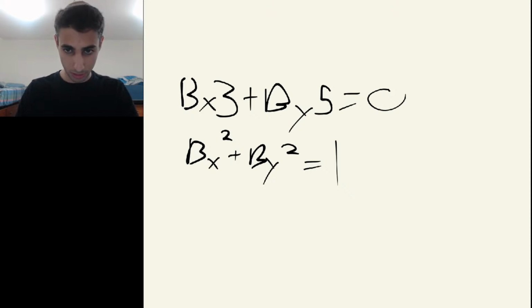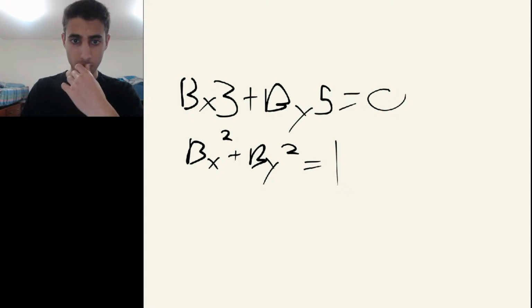That's the first equation. Equation 2 is going to be a to the power of 2 plus b to the power of 2 equals 1. Compute. I hope this works.